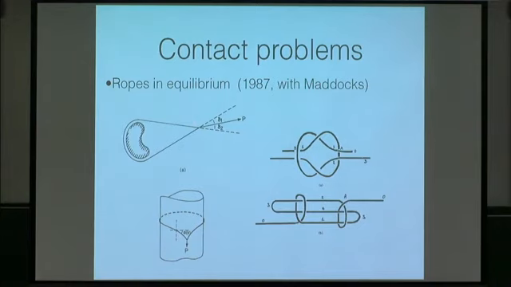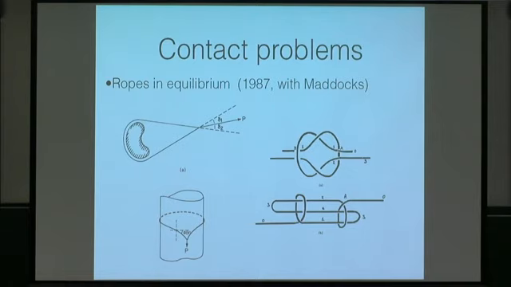Another very nice paper is the one that was mentioned by Ray. It's Ropes in Equilibrium with John Maddocks. It's not a very highly cited paper, but it's actually an outstanding paper. It's really the first and only paper that looks into the details. Villaggio reproduced almost word for word the paper, cited, in his book on solid mechanics; there is a full chapter in that very big book by Pietro Villaggio.